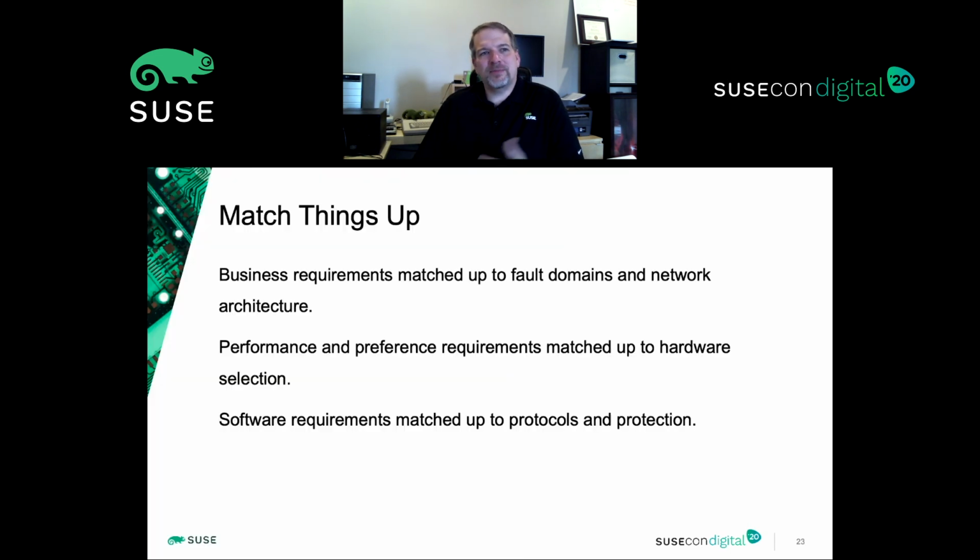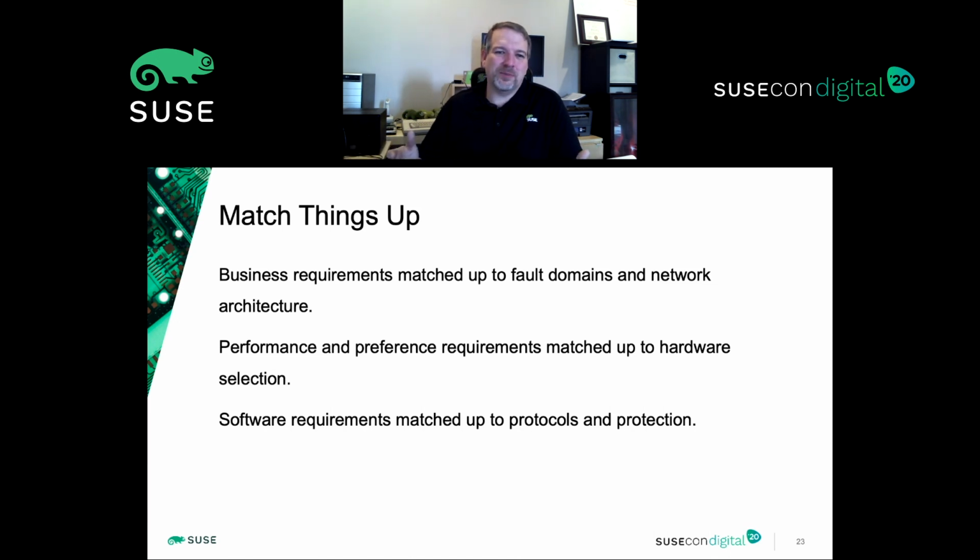So let's wrap things up. First, you want to match up things between the business requirements and the technical. So business requirements match up to the fault domains and the network architecture. Look at the performance and preference requirements matched up to the hardware selection. Preference maybe being vendors or size of the nodes or power draw or medium.